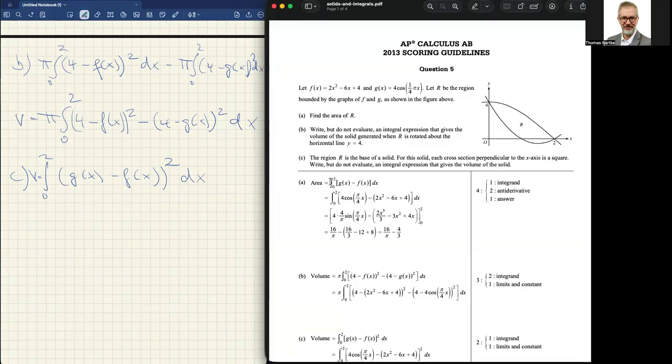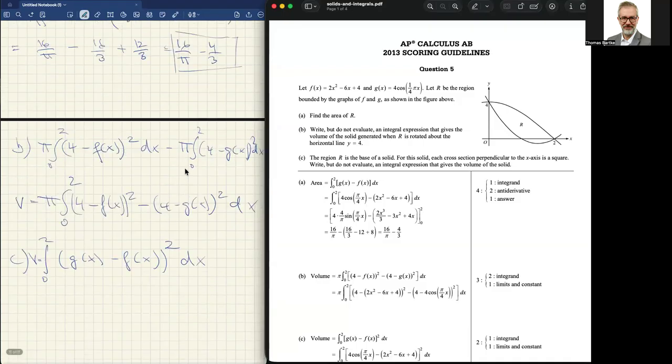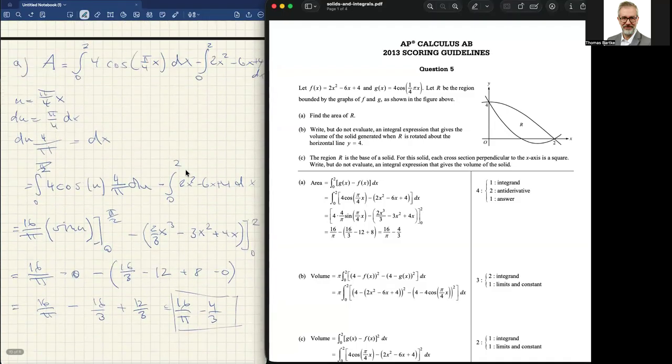All right, so then let's double check the area A. Area is g of x minus f of x. So g of x is cosine minus f of x, so that's correct. And then finding the antiderivative here. Okay, so they actually just did it straight without u substitution.